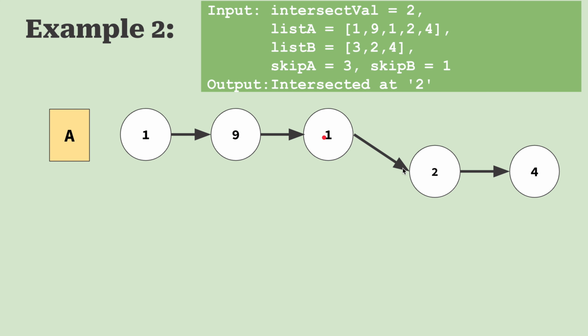Then we have list B, 3 2 4, so you can say 3, 2 and 4. So this is list A and this is list B, right? And both intersect at 2, and so the intersection node is 2. Okay, so we will understand how this will work.